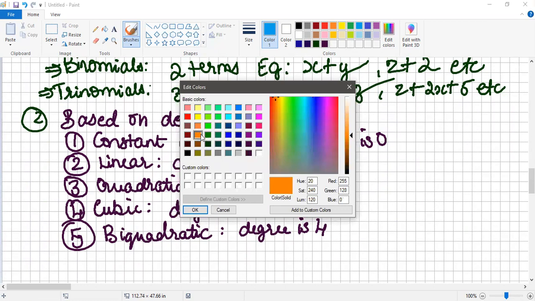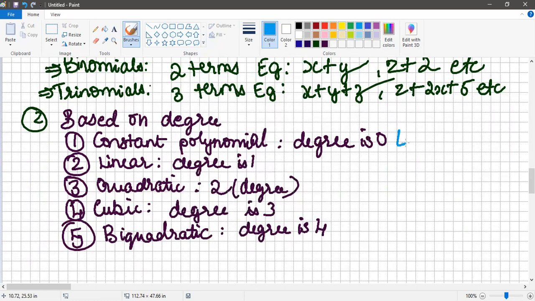Example: for a constant polynomial, of course, we can take 5, root 2, half, all of this, etc. For linear, we can take ax plus b, where a is not equal to 0.